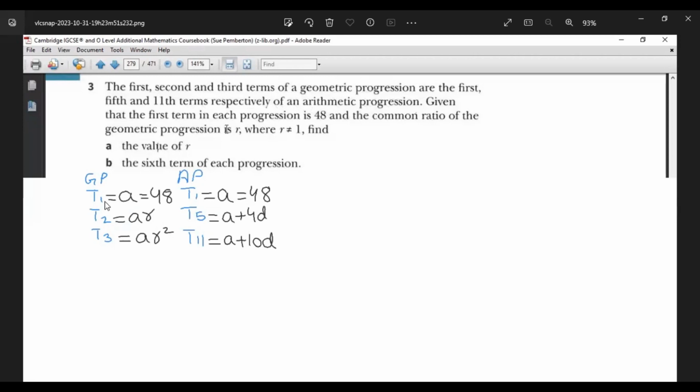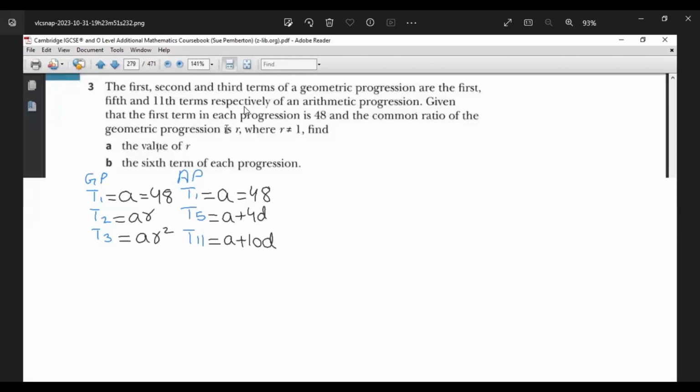It means that the first term will be equal to this, the second term of the geometric progression will be equal to the fifth term of the arithmetic progression, and the third term of the geometric progression will be equal to the 11th term of the arithmetic progression, as given over here.